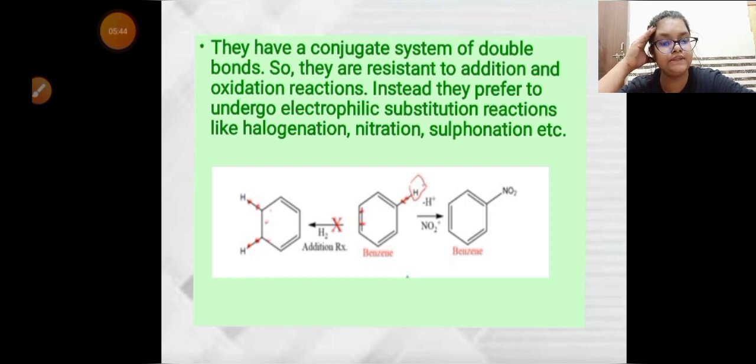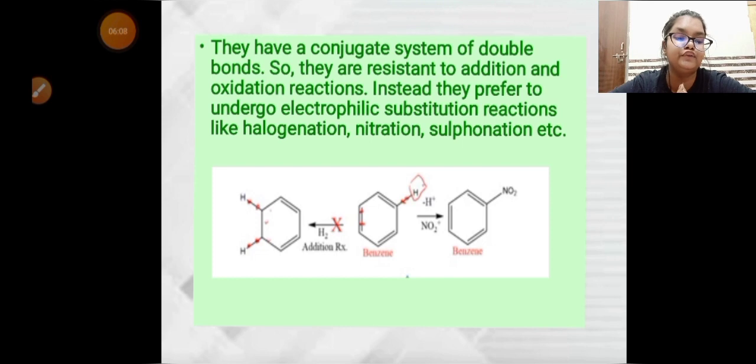In electrophilic substitution reaction, conjugation is not lost, means that the double and single bonds are present alternately. Here, our hydrogen atom is replaced by the nitronium ion. The nitronium ion forms when concentrated H2SO4 and concentrated HNO3 react.